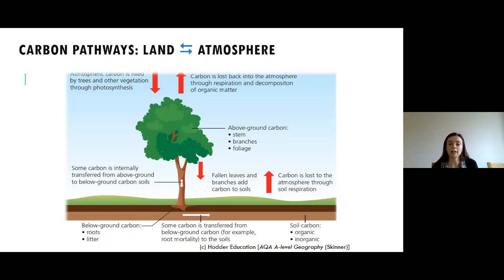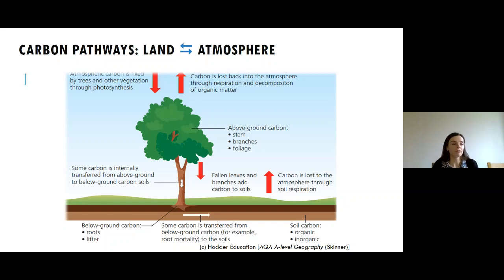Okay, and here we have just a quick overview on the screen now of the processes that the vegetation and trees, for example, do with sequestering carbon and also emitting carbon to the atmosphere.